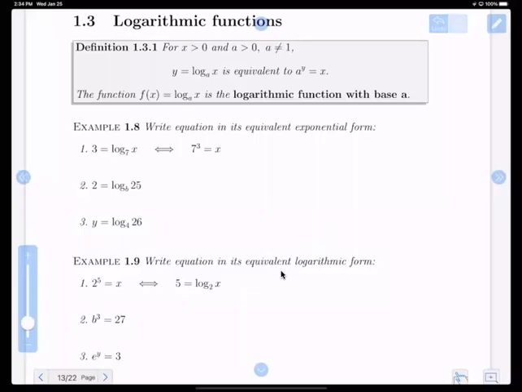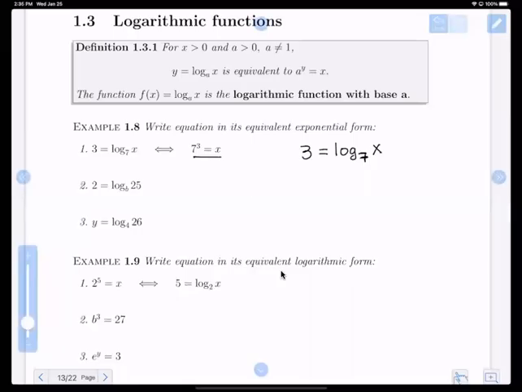Okay, 1.8, write each equation in its equivalent exponential form. Let's first look at the first equation. It already has a solution, but I want to show you why I get this. So here you go. 3 is log base 7 of x. The important part is this base 7.